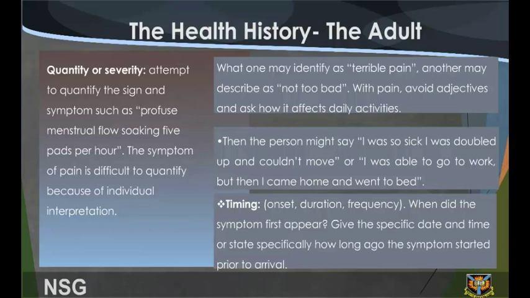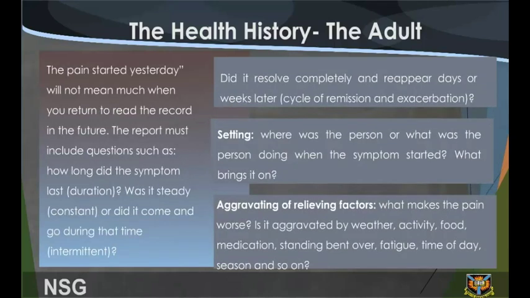Timing: onset, duration, frequency. When did the symptom first appear? Give the specific date and time, or state specifically how long ago the symptom started prior to arrival. "The pain started yesterday" will not mean much when you return to read the record in the future.